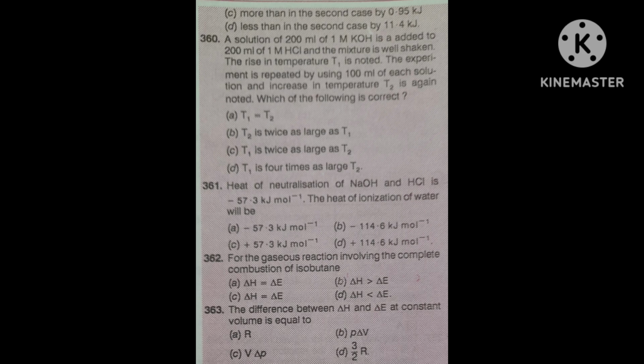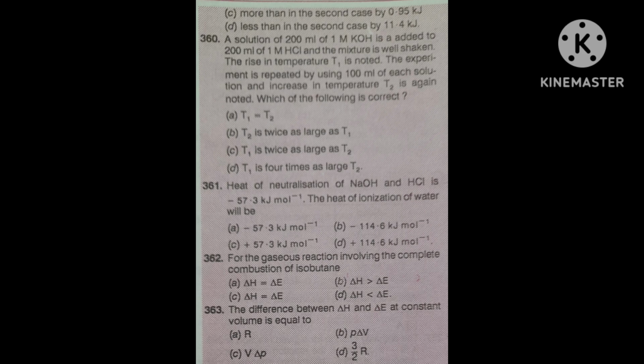Again I am repeating the question. HA plus OH minus gives H2O plus A minus, anion, plus Q1 kilojoule. Second reaction, H plus OH minus forms H2O plus Q2 kilojoule.